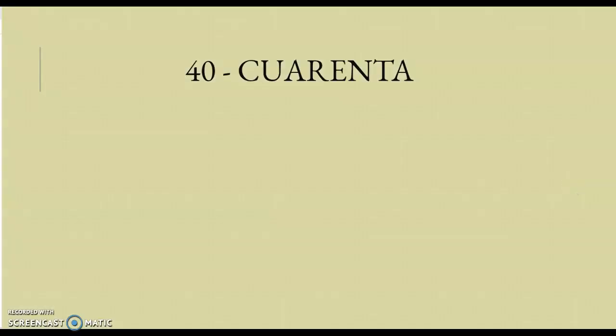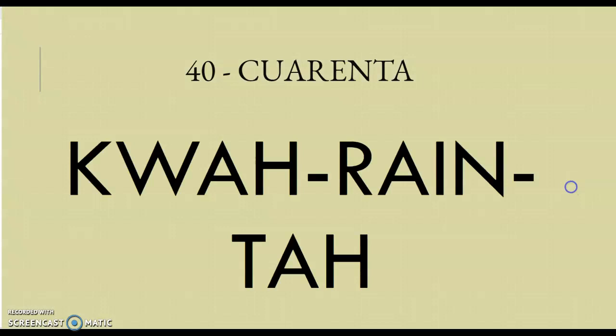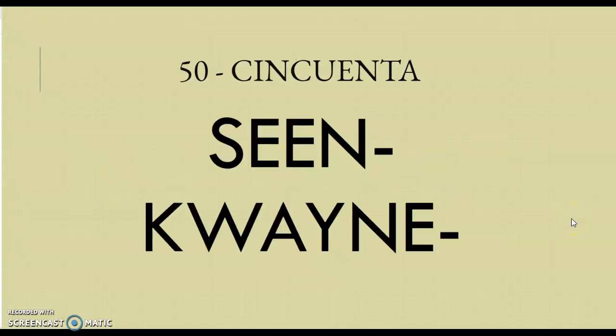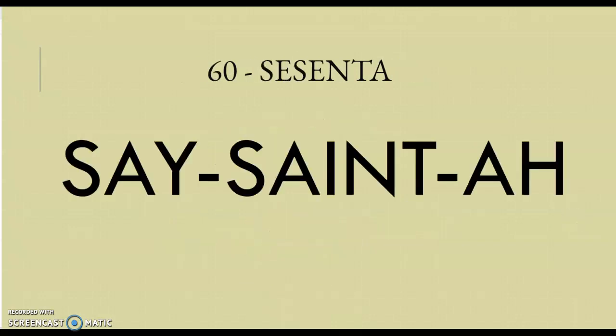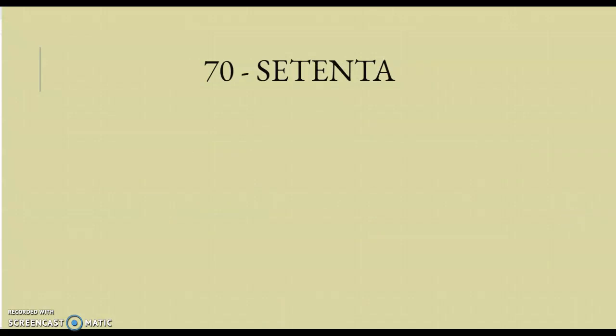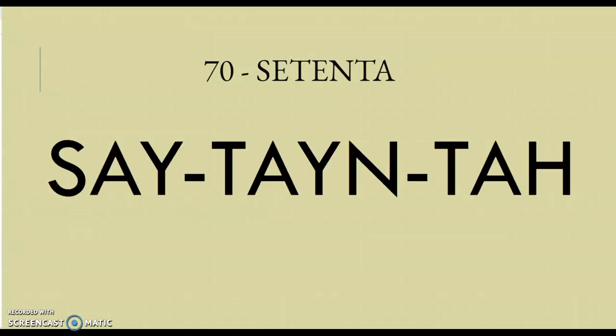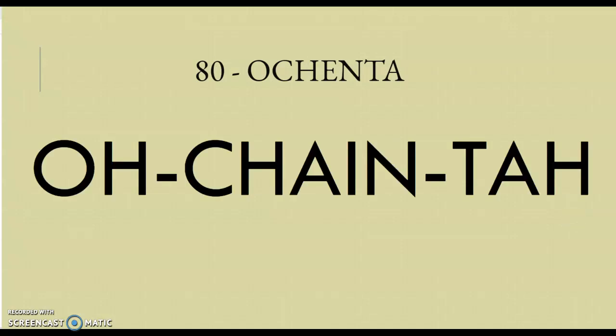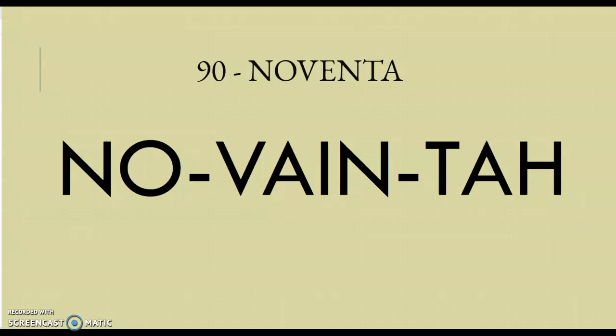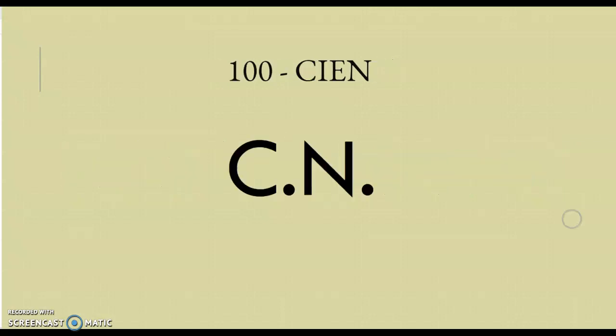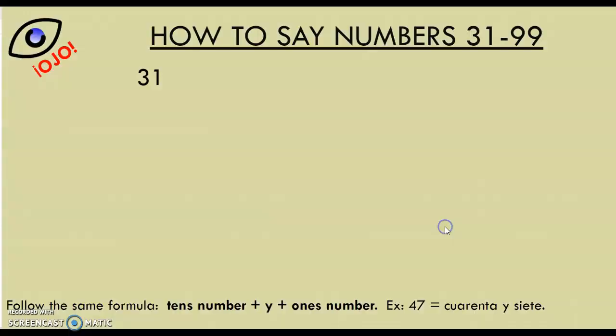So we're skipping 31, 32, and we're going to where it says 40. 40 is 40. 50 is 50. 60, 60. 70, setenta, 80, ochenta, 90, noventa, 100, CN. Make sure that you put C period, N period, because it's not N, it's C and N. So that's why I did that.